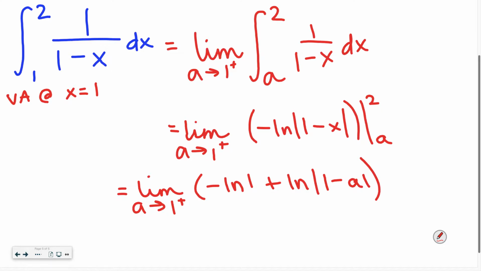So it's natural log of 0? Draw the natural log. It's negative. It starts at negative infinity and then goes up. It's negative infinity. Oh, because of the absolute value.